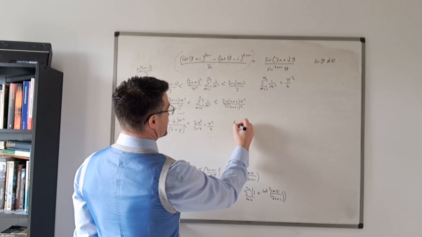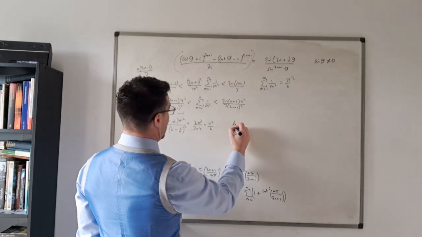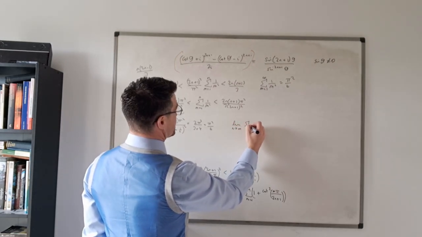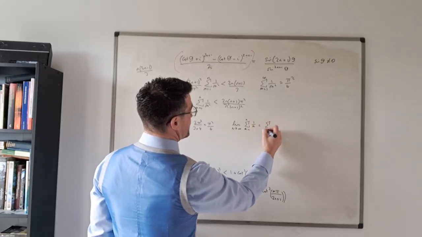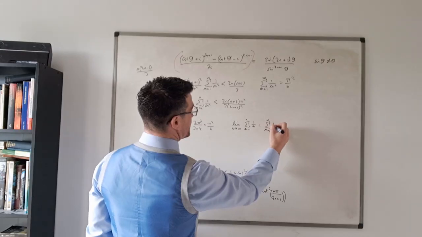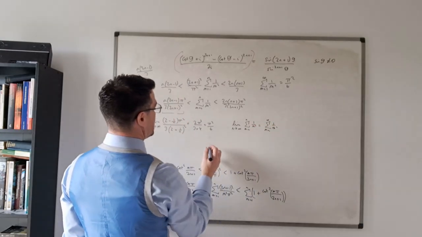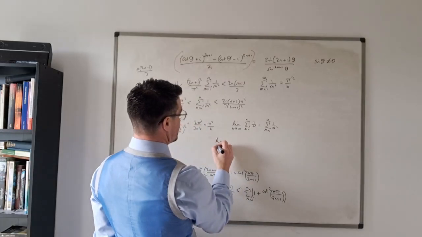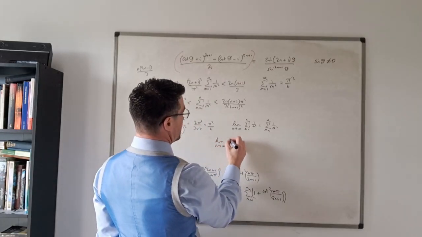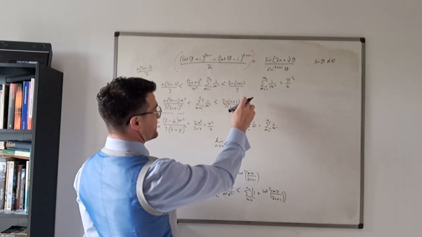Okay, the limit as n approaches infinity of the sum from m equals 1 to n of 1 over m squared is the sum from m equals 1 to infinity of 1 over m squared. And finally, the limit as n approaches infinity of 2n times (2n minus 1) over 3 times (2n plus 1) times pi squared.